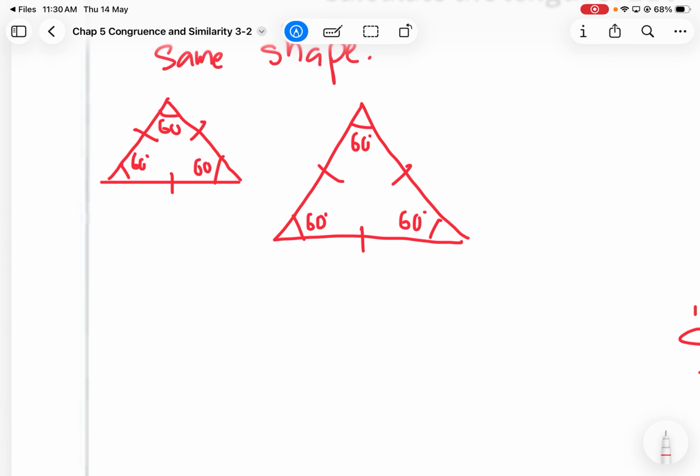Equilateral triangle means all angles are 60. But now, if I change, one becomes 70, one becomes 60, one becomes 80. Do I still say they have the same shape? No. So, what can I say about having the same shape and the angles?